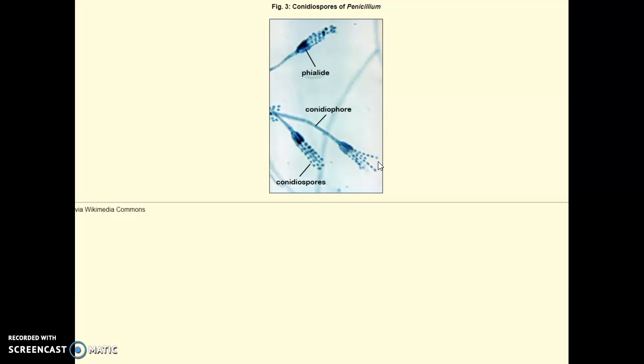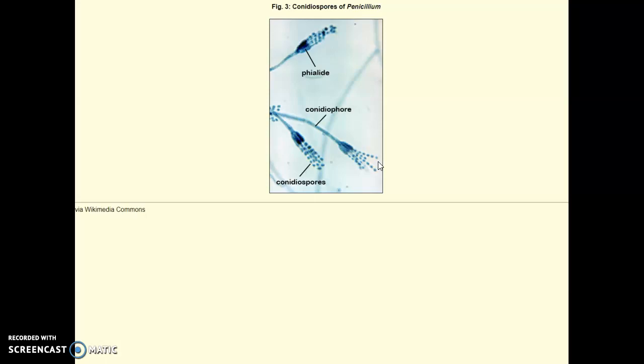The conidiophores and conidiospores are microscopic parts of the mold, and they exist on the kind of furry portion of the mold. Each one of those little hair-like structures of a mold are called hyphae for plural, or hypha singular, and a group of those, like when we see a mold growing on a fruit or vegetable, is called a mycelium.